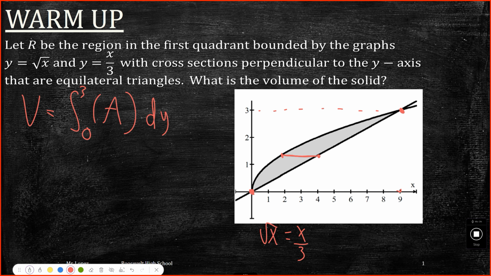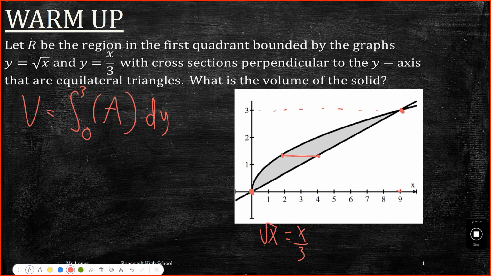What was that area for an equilateral triangle? Where's the worksheet I gave you? You should know it, it's in there. Square root of 3 over 4.